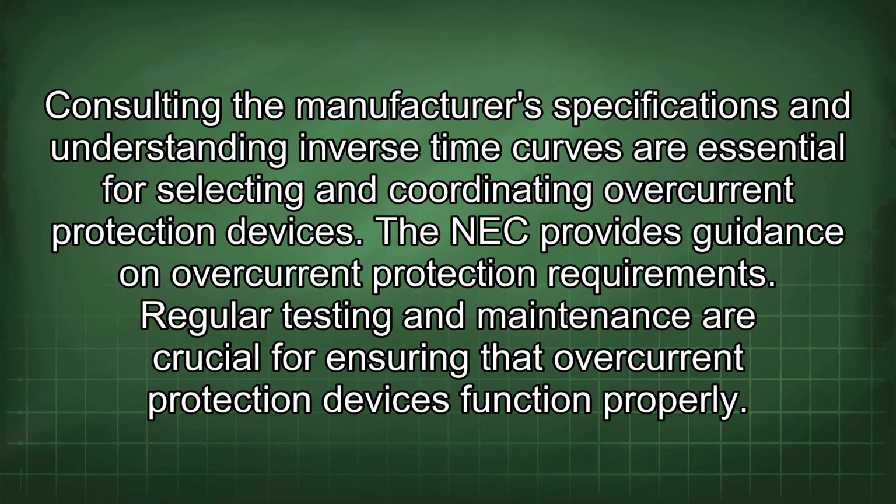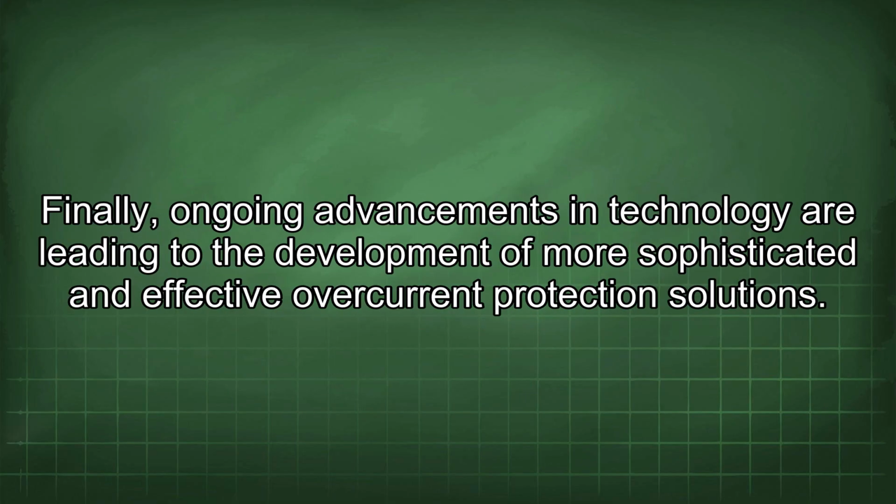The NEC provides guidance on overcurrent protection requirements. Regular testing and maintenance are crucial for ensuring that overcurrent protection devices function properly. Finally, ongoing advancements in technology are leading to the development of more sophisticated and effective overcurrent protection solutions.